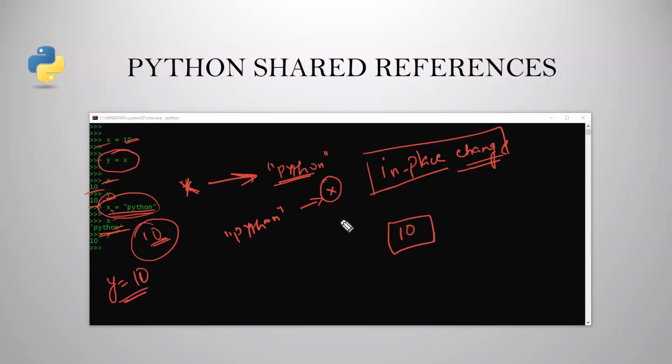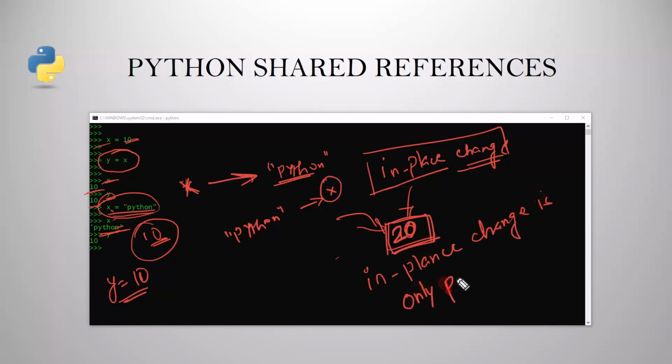When you overwrite this memory location with some other object, that is called an in-place change. But in-place change is only possible in mutable objects.